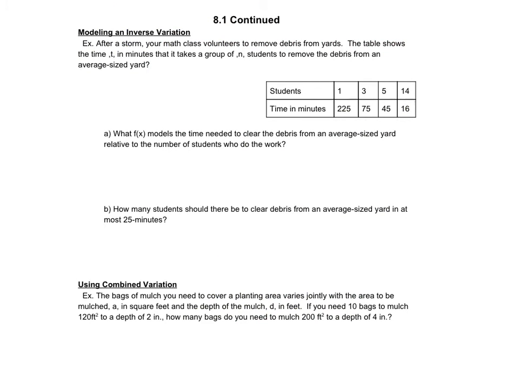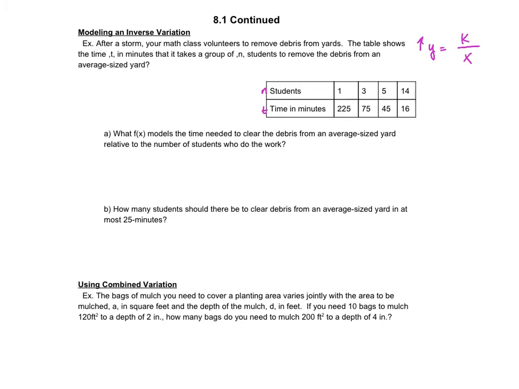Okay, so modeling with inverse variation. It says, after a storm, your math class volunteers to remove debris from your yards. The table shows the time t in minutes it takes a group of n students to remove the debris from an average size yard. So it talks about inverse variation, and I said inverse variation is some constant, so as one goes up, the other goes down.